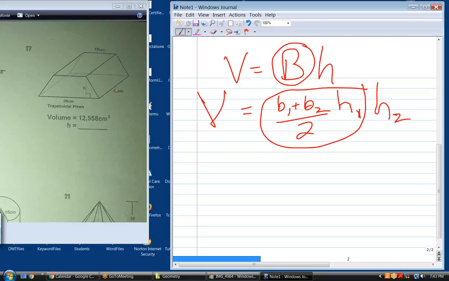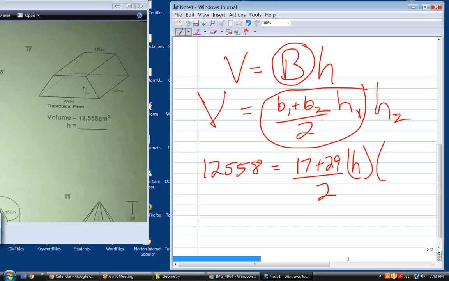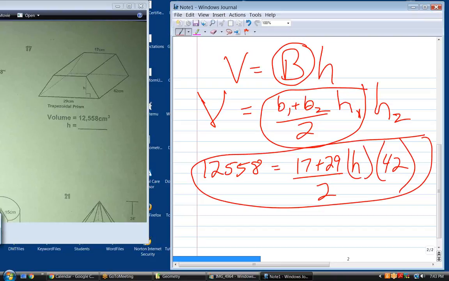So now plug in everything we know. 12,558 equals 17 plus 29 divided by 2 times h times 42. Again, only one variable, the first h.